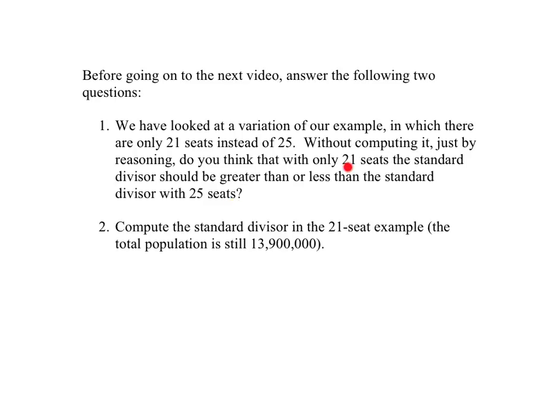Does fewer seats mean a greater standard divisor or a smaller standard divisor? Think about that first, try to reason that out, and then actually compute it. Compute the standard divisor when you have 21 seats and the total population is still 13.9 million.